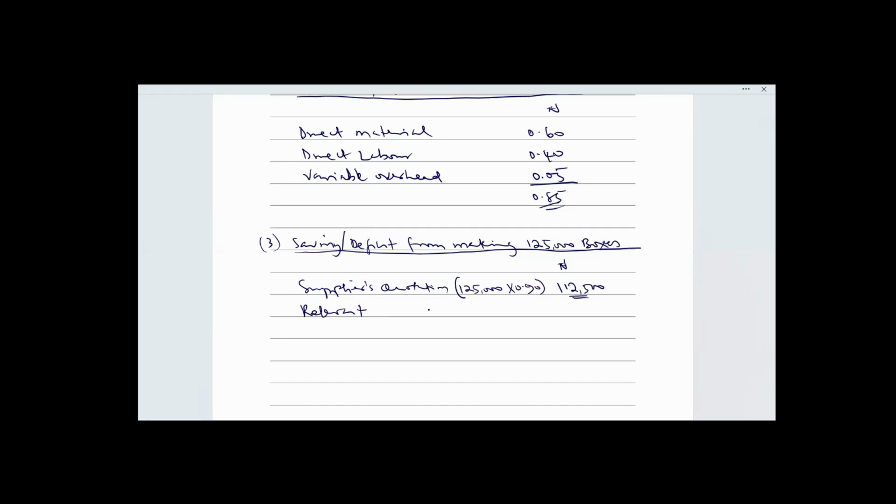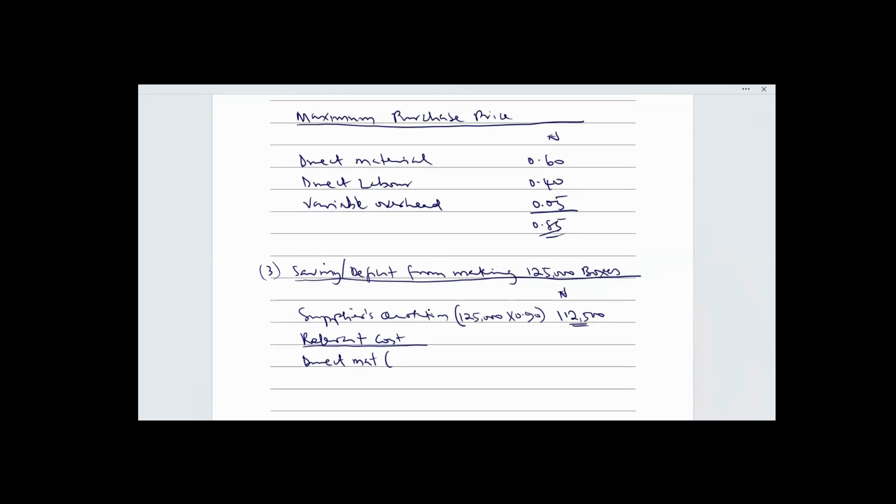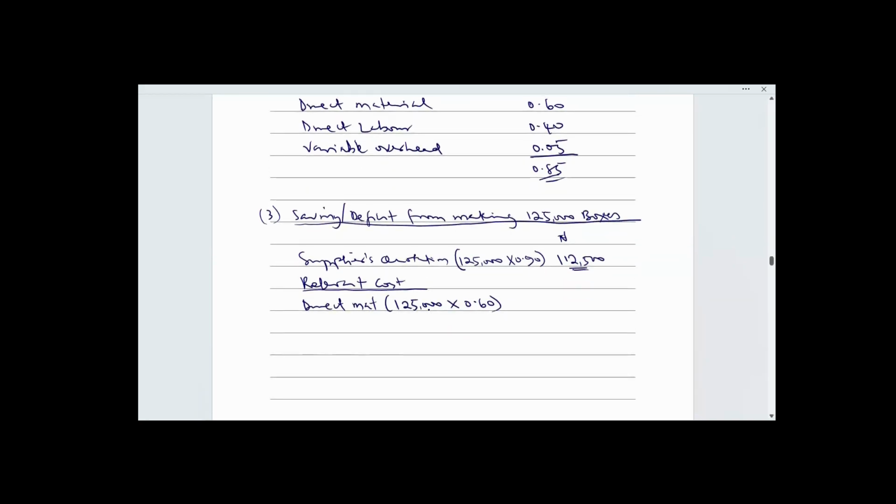So I need to compare this with the relevant cost of making the 125,000 boxes. So I have direct material, which is 60 kobo. I would say 125,000 multiplied by 60 kobo. What do you get? 75,000. Thank you.